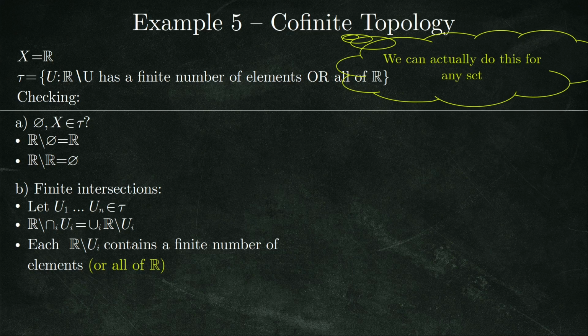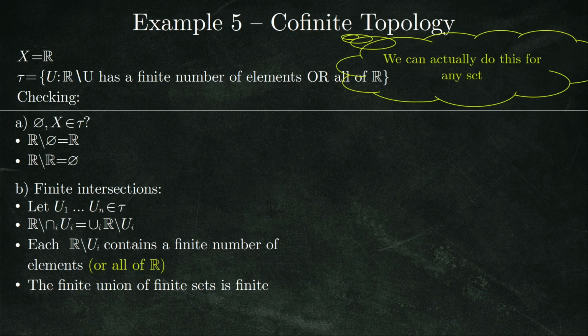Or if one of these open sets is the empty set, then the complement is all of R, but then you can check that this makes everything trivial since the union is just all of R. So if that's not the case, then we have this union of sets, each of which has a finite number of elements. However, this is a finite union, and therefore if we're doing a finite union of sets, and each set is finite, then the end result also contains a finite number of points.